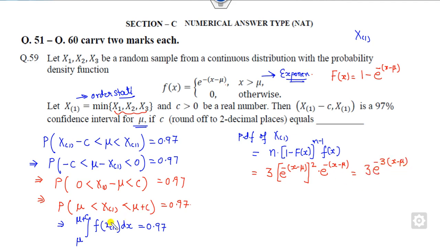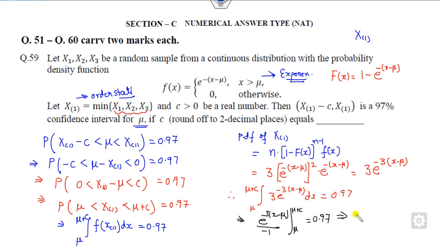Now you can substitute this value here: from mu to mu plus c of 3 e raised to the power minus 3 times the variable, equals 0.97. Now you can integrate them. Once you integrate, it will be minus e raised to the power minus 3x from mu to mu plus c. So when you substitute here, I can take the minus common, e raised to the power minus 3c minus 1 is my 0.97.